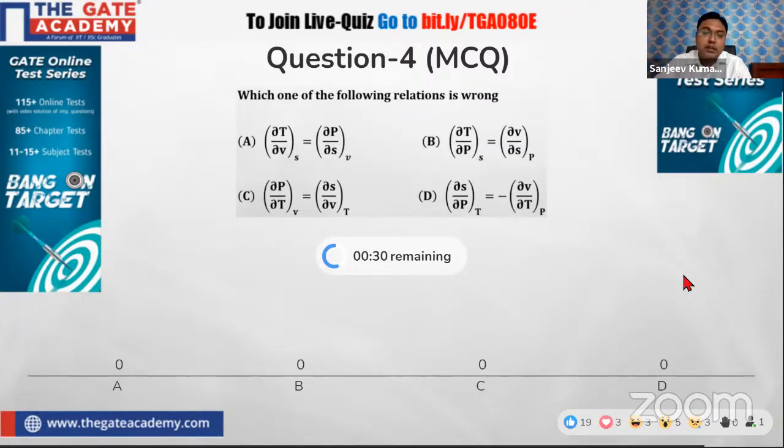You have to check the minor details also, not only the parameters, but also the sign, the reciprocal, whether it is directly proportional or inversely proportional. After this, I'll give you the complete explanation and solution for all 4 questions.